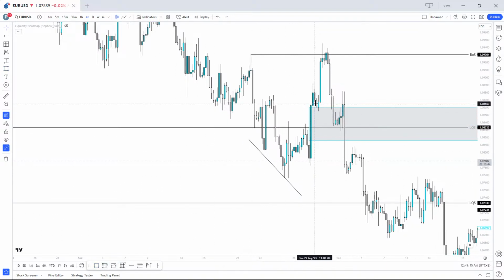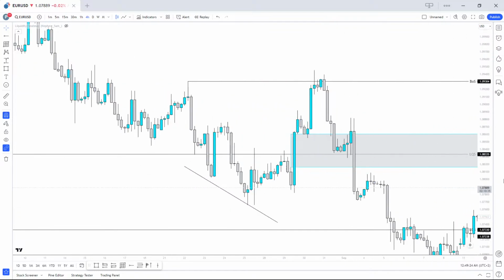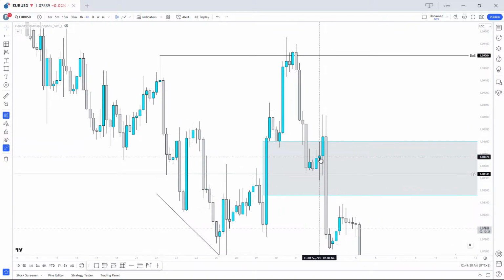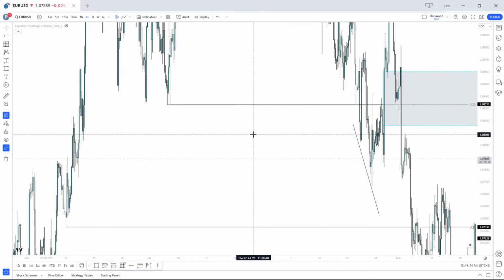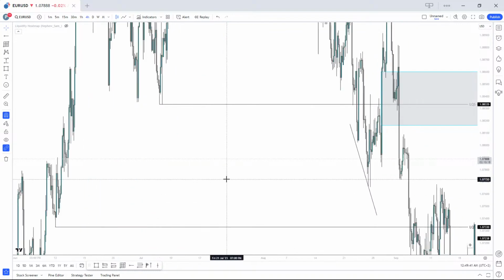And again, we could use any other confluences like Fibonacci. But then we get a retracement of a retracement, because it happened inside of this. This low didn't sweep the liquidity of this low.